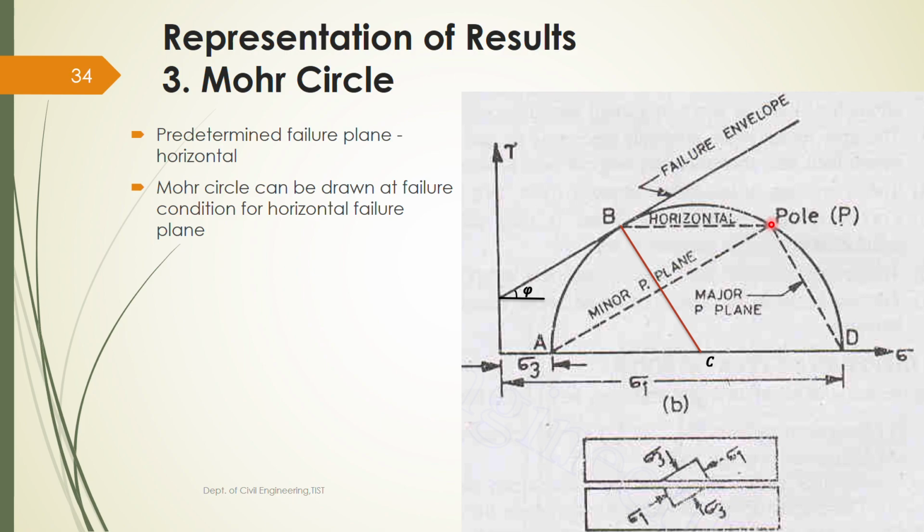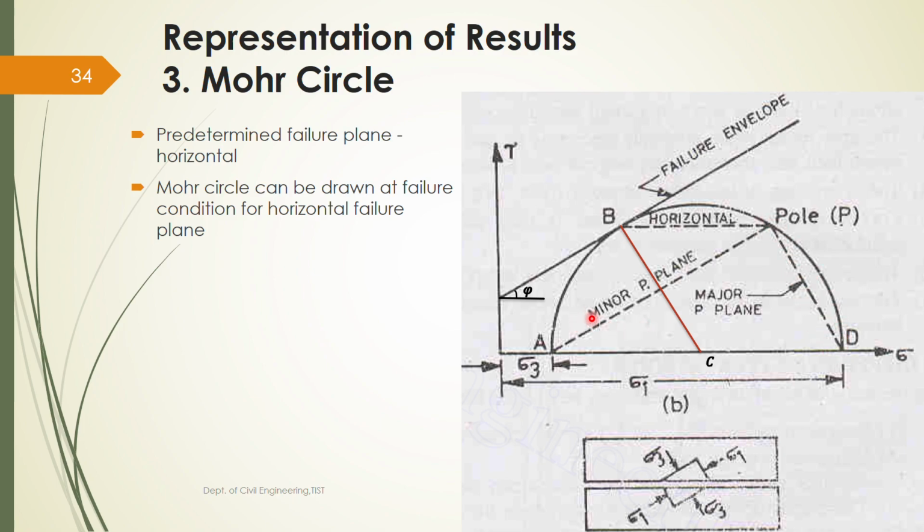Now from the pole, join PA. See, point A represents the minor principal stress, isn't it? So if you join A and the pole, this will be the minor principal plane. Similarly, point D represents the major principal stress, and if you join P and D, this will be your major principal plane.